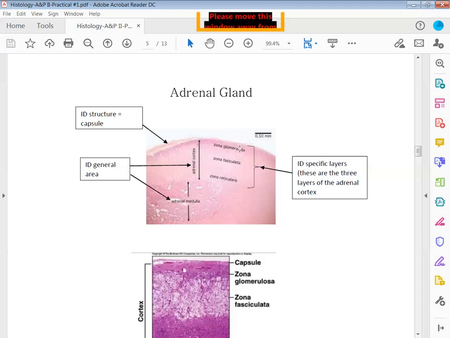If I'm asking you to identify this specific layer, I'm asking for the zona glomerulosa. If I ask to identify this lighter specific layer here, I'm asking for the zona fasciculata. And to identify this specific layer here is the zona reticularis. And remember that these three zonas make up the adrenal cortex.